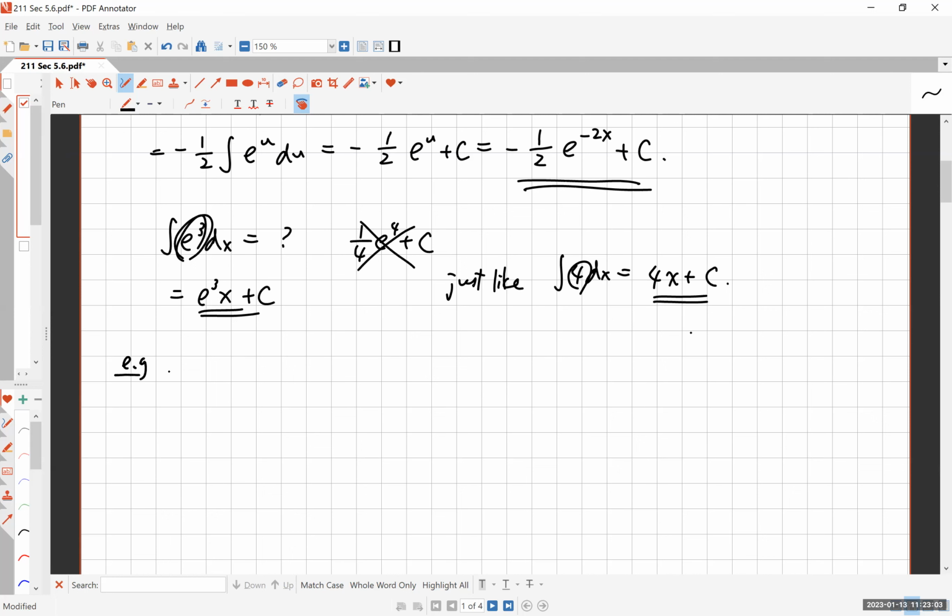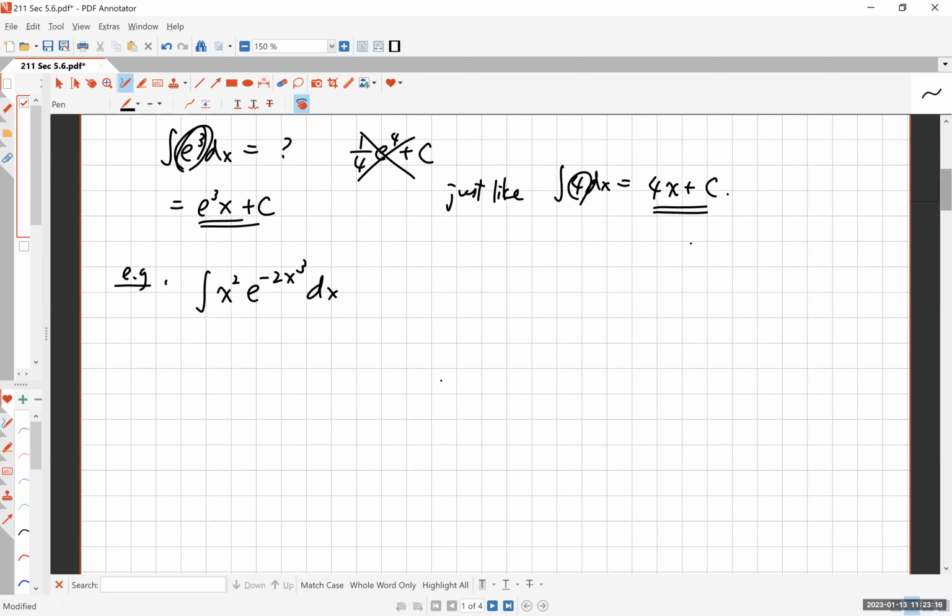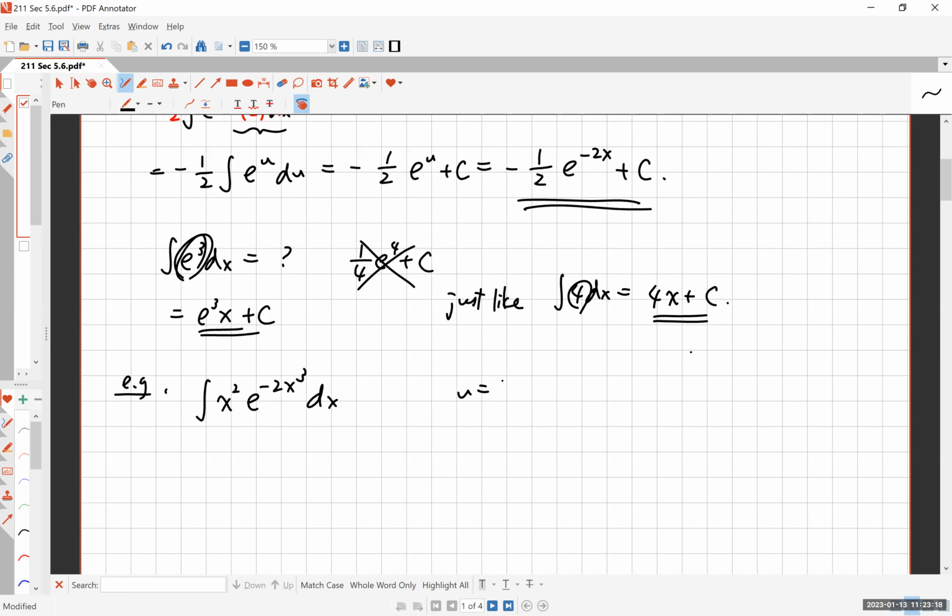All right, so let's do another one: the integral of x squared e to the negative 2 x cubed dx. Now this is a little more involved, right? So you would have to probably explicitly write down u, but this is not too bad because the inside function is pretty obvious. That's negative 2x cubed. Okay, let's hope this works. The du is going to be negative 6 x squared dx.